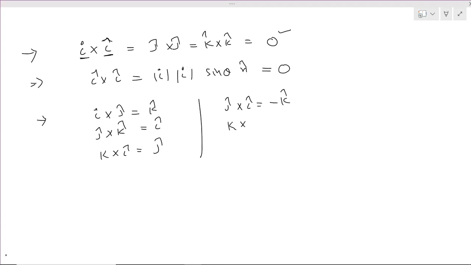If you do k cross j, this will be minus i. If you do i cross k, this will be minus j. i j k, j k i, k i j. All right, clockwise direction. Everything is positive.